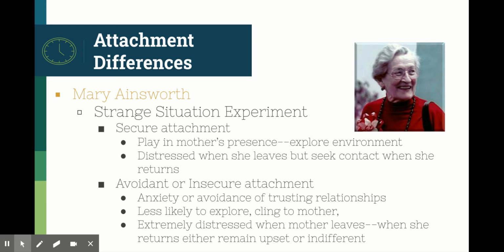Then when mom left, the child wouldn't just be a little bit upset, but extremely distressed, screaming. Then when mom returned, the child would either continue to be upset, meaning not really soothed that mom is back, or completely indifferent, like, oh, you're back, whatever, I don't really care, because there's not a strong, secure attachment there.